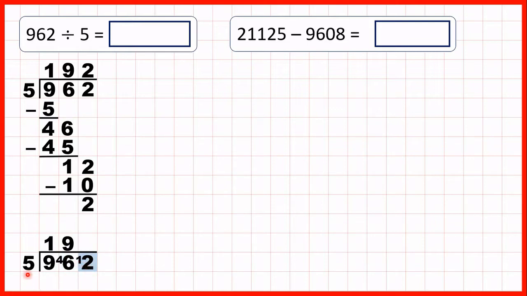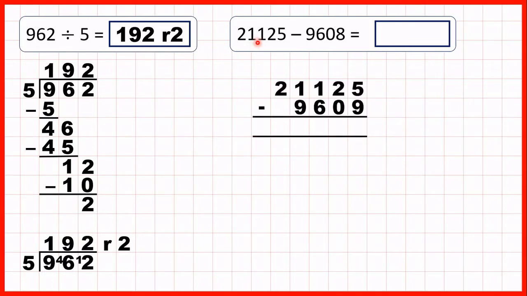Now 12 divided by 5 is 2 remainder 2, because 2 times 5 is 10, but then we need 2 more to get to 12. So our answer is 192 remainder 2.